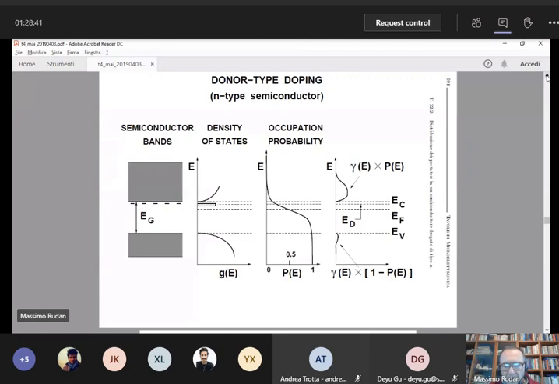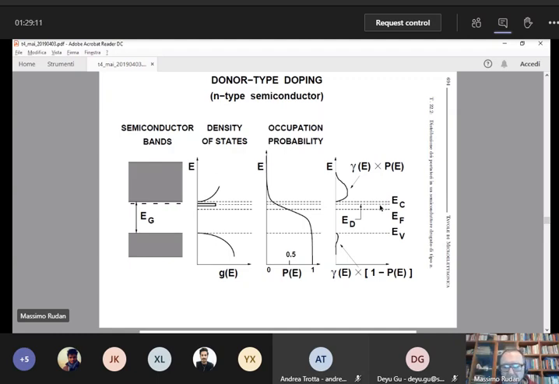Qualitatively, we may say this, that at constant temperature, increasing the concentration of the dopants in the N-type semiconductor will force the Fermi level to shift upwards. Okay, so as you increase the dopants, EF goes up.